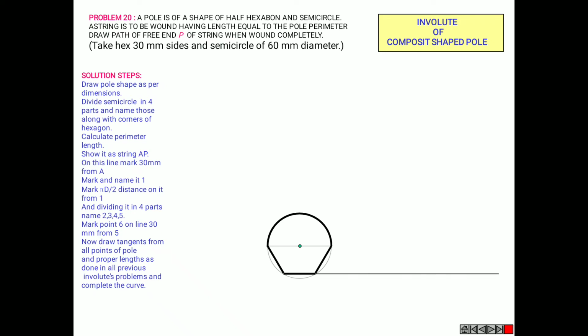Now similarly, drawing a line, nothing but the AP, and dividing the semicircle in 4 equal parts and name them as 1, 2, 3, 4, 5, 6, 7, 8.